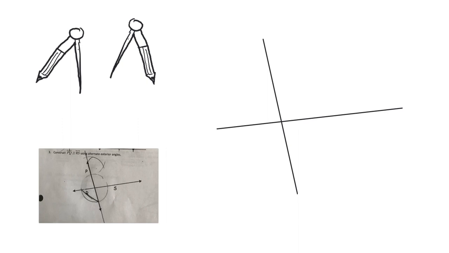And we have P, which we'll say is right there. We have S, and we certainly have an R somewhere around there. And we want to create a line PQ that's parallel to this RS. So ultimately, we're trying to make a line that kind of looks like this right here.